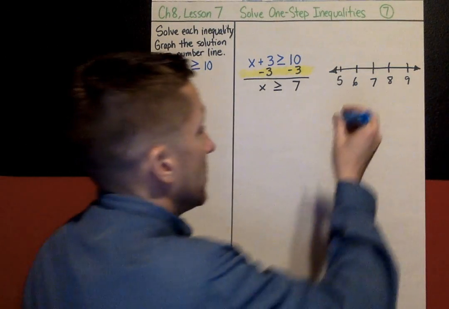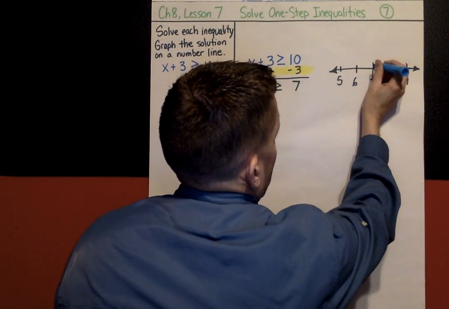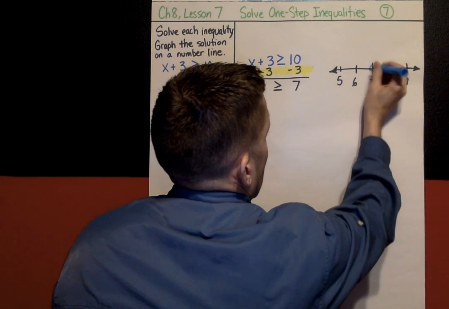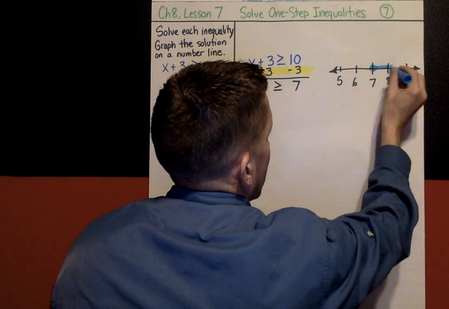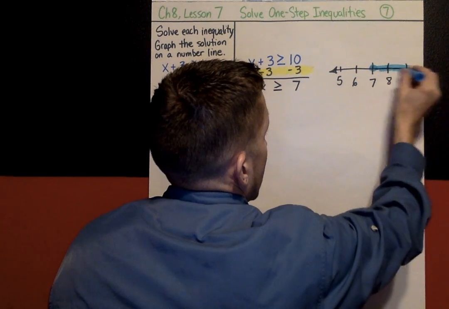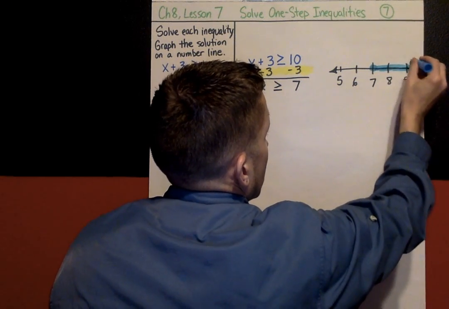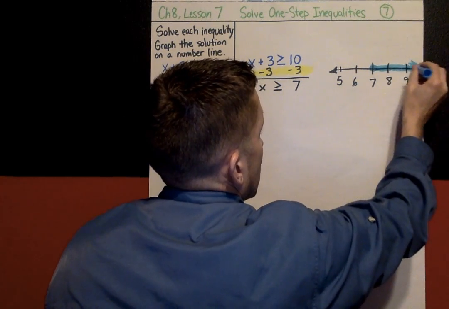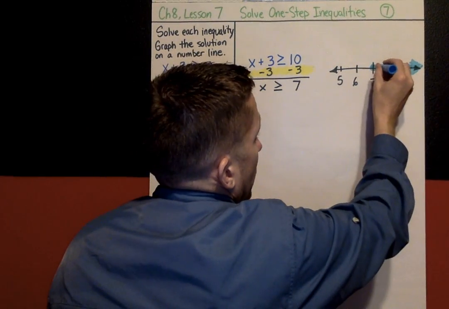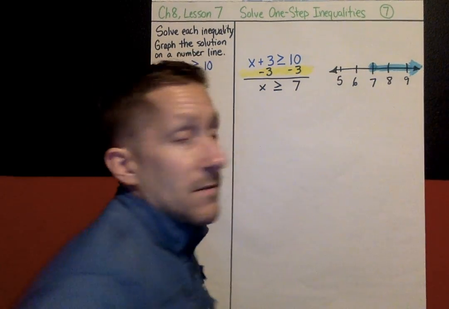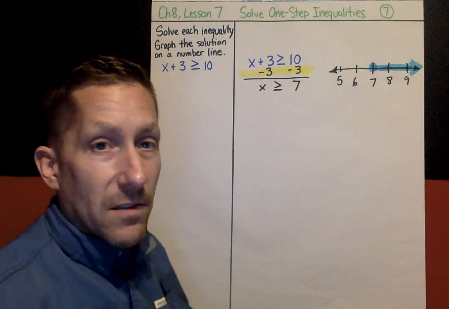So for the graph, I'm going to shade in that point because I want to include 7, and then all of these answers get highlighted. Let me make that point a little bigger. So that's what my solution looks like.